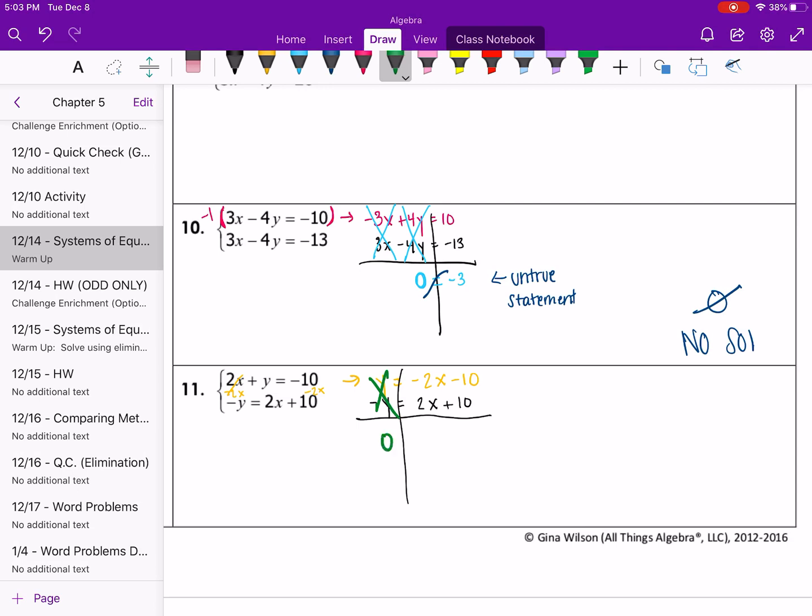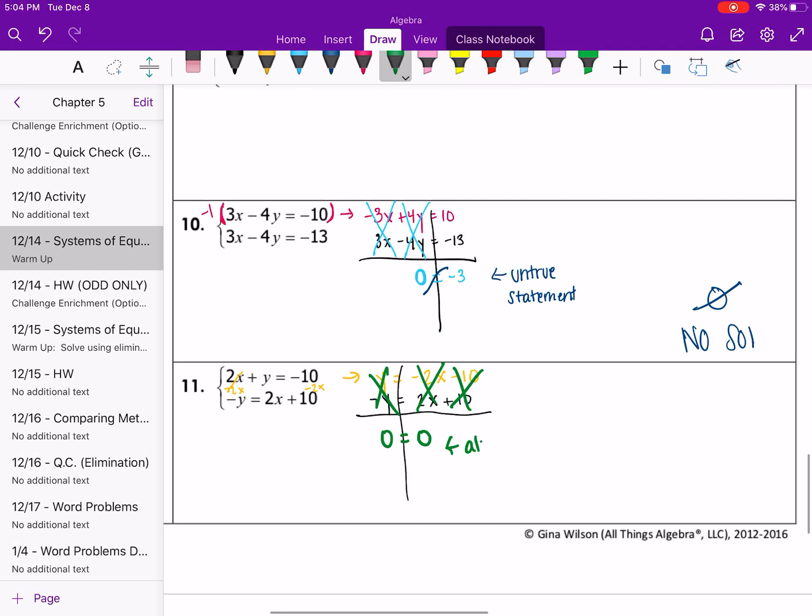So I end up with 0, just like we did up here. And these also cancel out, negative 2 plus 2. And then my numbers also cancel out. Negative 10 plus 10 is 0. So I end up with 0 equals 0, which is always true.